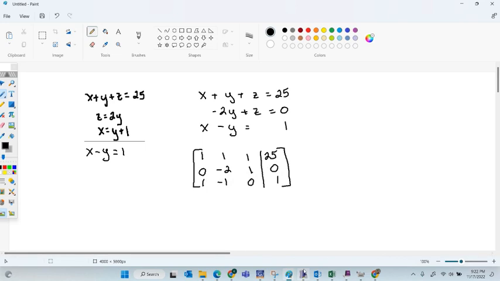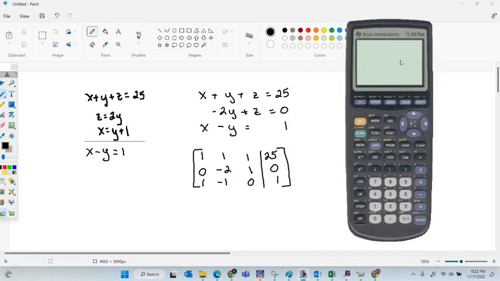I'm going to load that into the matrix. Okay, we know how to do that already, so we'll do that with the thing on pause real quick. Edit, and I'll put those in. Okay, and hopefully, as you can see, I've got that matrix put in there.